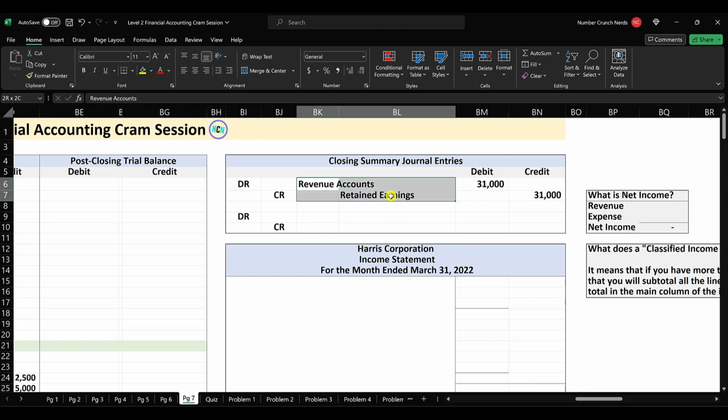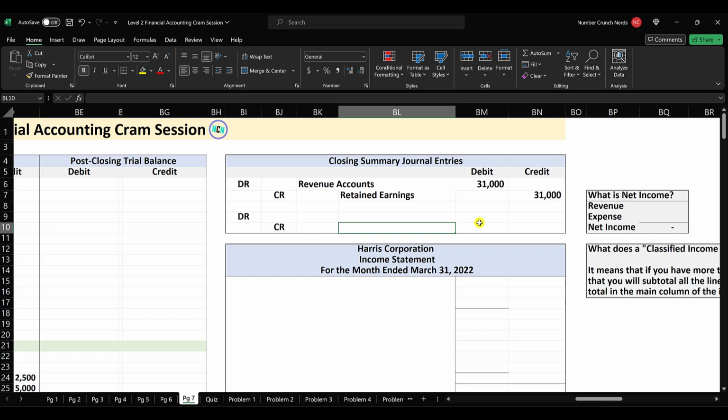And before we go back to get the number, what is the entry going to be? Well, if we're closing the revenue accounts and putting it to retained earnings with a credit, then the expense accounts have to be closed with what? I have to be specific. The expense accounts have a debit balance. They need to be closed with a credit.